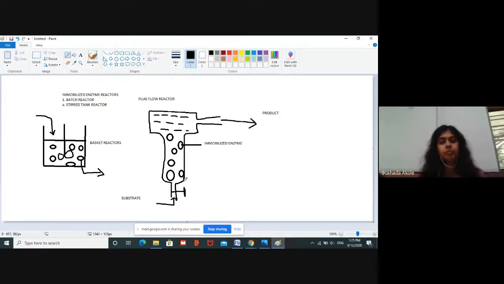Also, if you want to look at the enzyme kinetics of any system, then of course you can use these plug flow reactors, because then it becomes easier for us to calculate the kinetics using the time and concentration data.